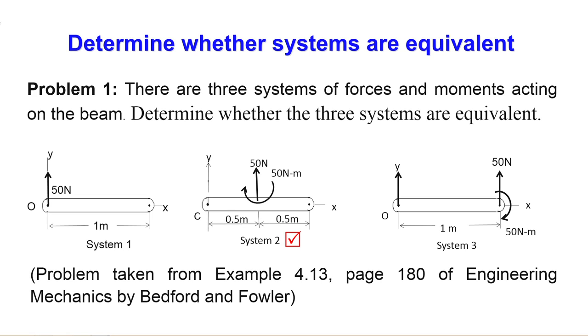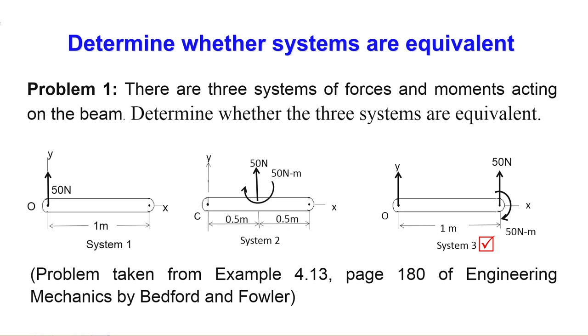In the second system, a 50 Newton force at the middle, the total span is 1 meter, so 0.5 meter from the origin O on the right side, is applied in the positive y direction, and a moment of 50 Newton meter is there, in the clockwise direction.